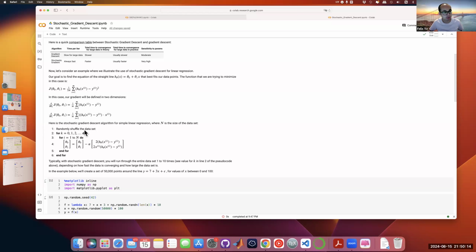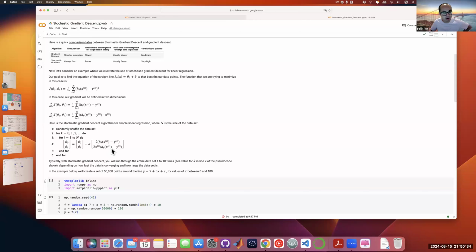We randomly shuffle the data set, we have the number of epochs K, and for each epoch we iterate through all the data from 1 to m, taking a stochastic gradient descent step.